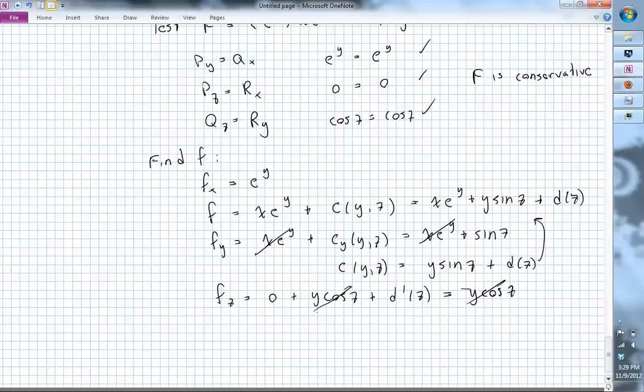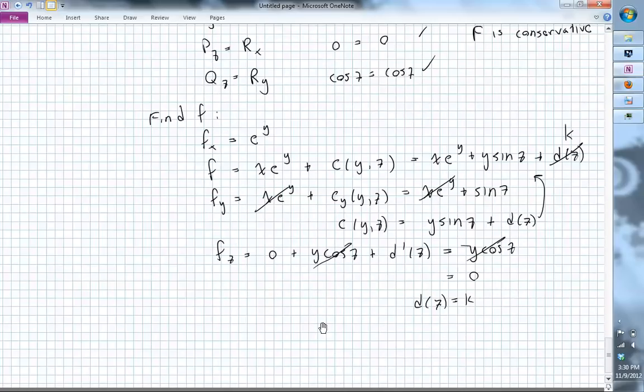And you get some nice cancellation there, and you see that d prime is equal to 0. Therefore, d of z is just some constant k. And f, final answer, is x e to the y plus y sine z plus some constant k. And I won't do it, but if you took the gradient of that f, then you would get the vector field capital F.